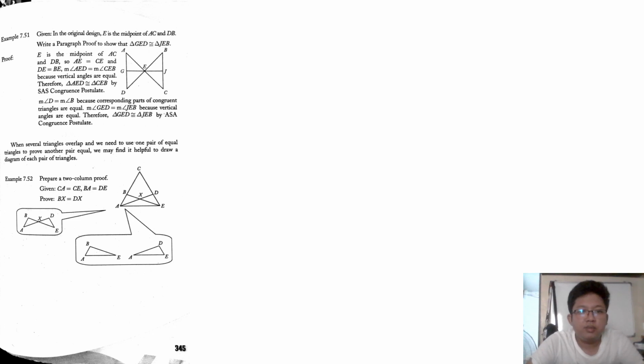As you can see here, given in the original design according to the example, E is the midpoint of AC and DB. Write a paragraph proof to show that triangle GED is congruent to triangle JEB. In paragraph proofing, you just need to tell what is happening, of course, in an organized way, in order pa rin.